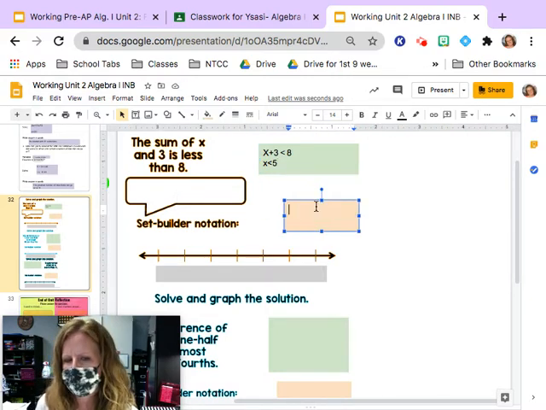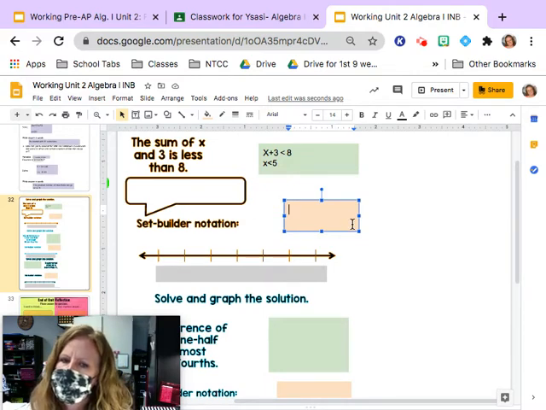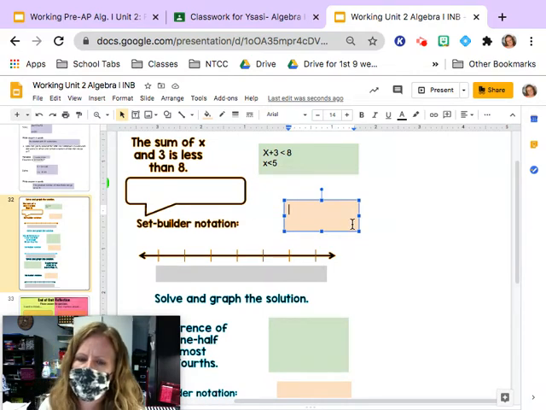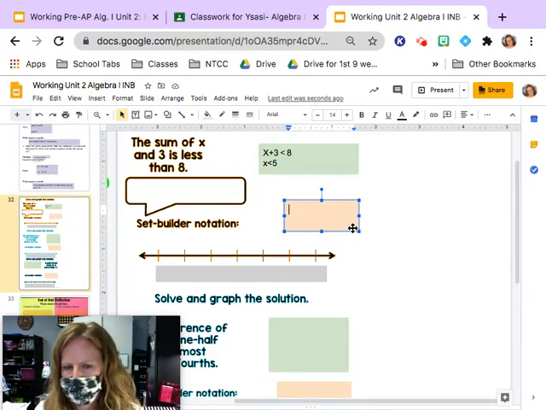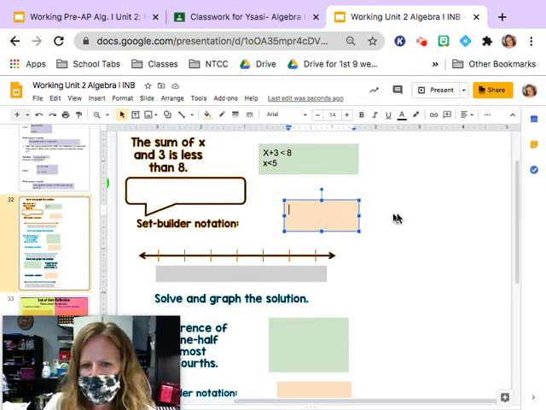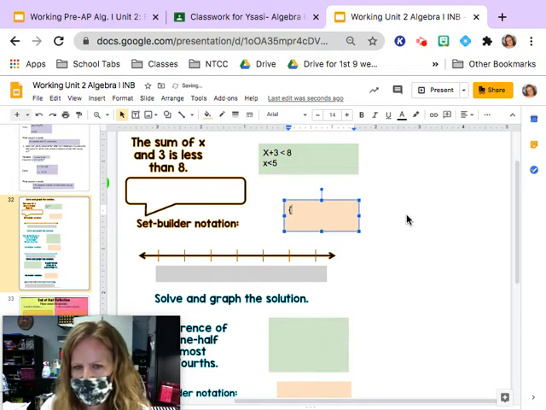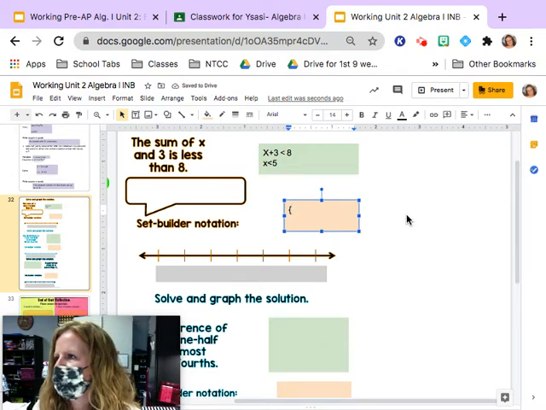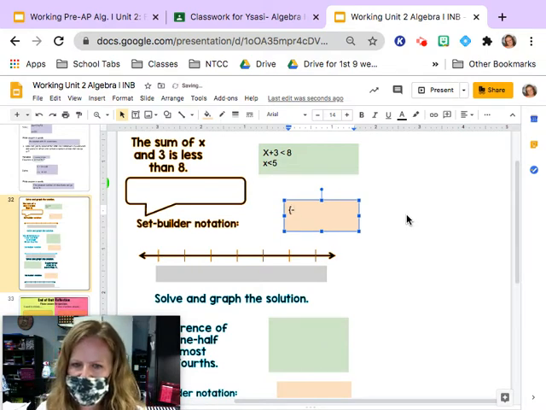Okay, let's write the interval notation. And then also which way we are going to graph it. So let's see. If it's less than, it's going left. So less than will be starting with negative infinity.